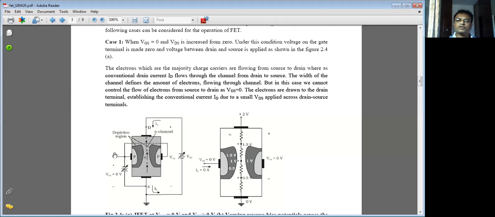If you try to control the water flow from the overhead tank to the sink, you can control it by your tap. If you turn the tap knob, definitely the water flow changes. Here, the amount of current can be controlled by the voltage applied between the gate and the source. So it is called a voltage control device.